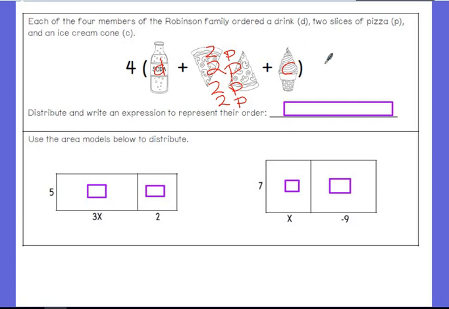So basically this turned out looking like 4 sets of drinks plus 4 sets of 2 pizzas plus 4 cones. I'm distributing this 4 to every term in the parenthesis. Distributing means multiply. So 4 times D. There's an understood 1 to be in front of variables. So 4 times 1D is 4D.